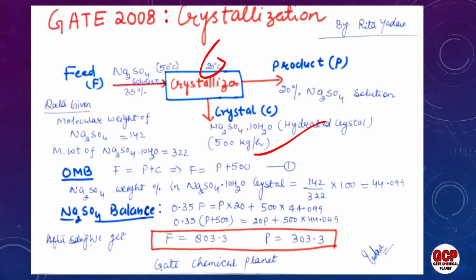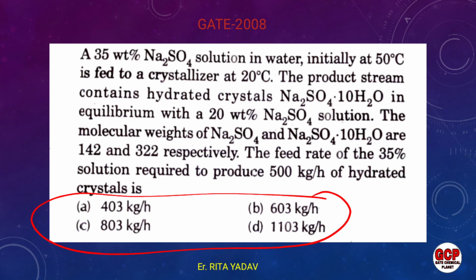And in the crystal side we have already calculated the amount of Na2SO4, which is 44.099. After putting all the values and substituting F equals P plus 500, after solving we get the values of F and P, and we are getting F equals 803.3 kgs per hour. So the correct option is C, which is 803 kgs per hour.